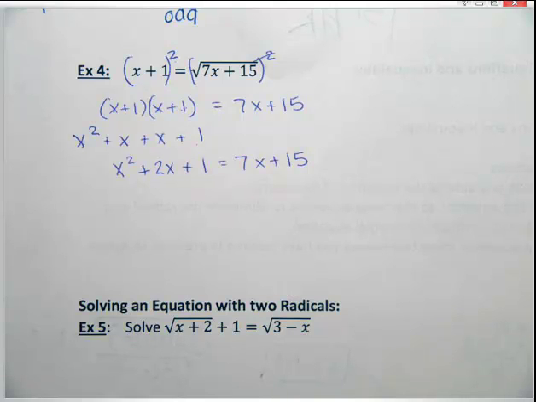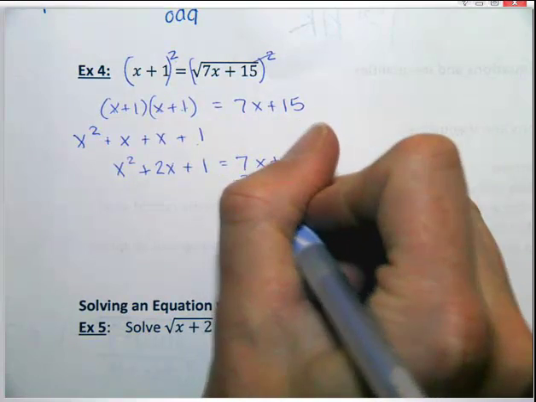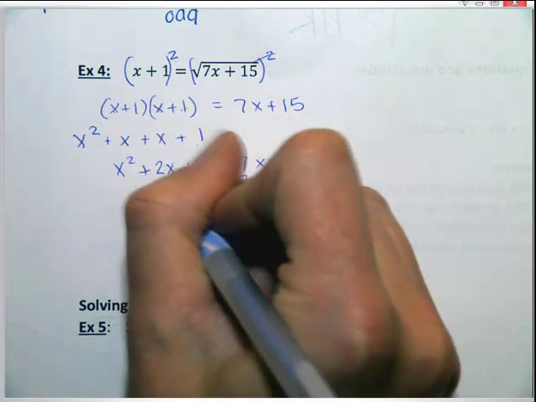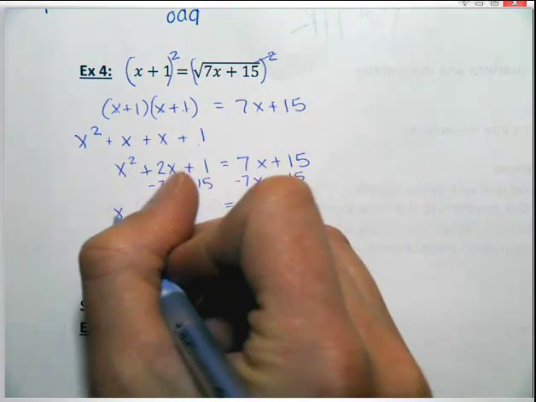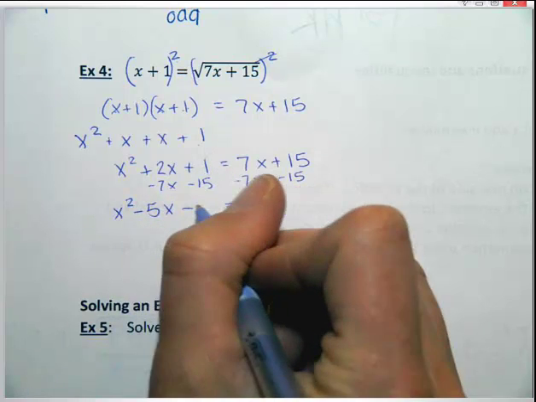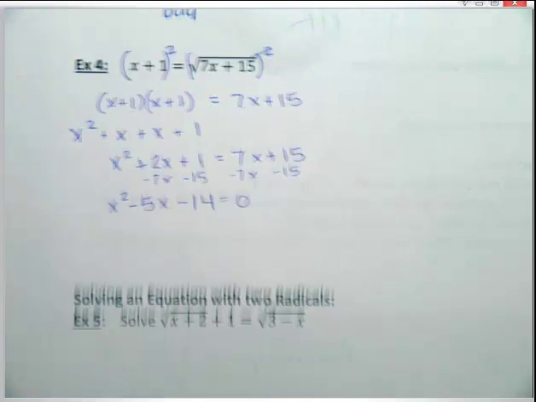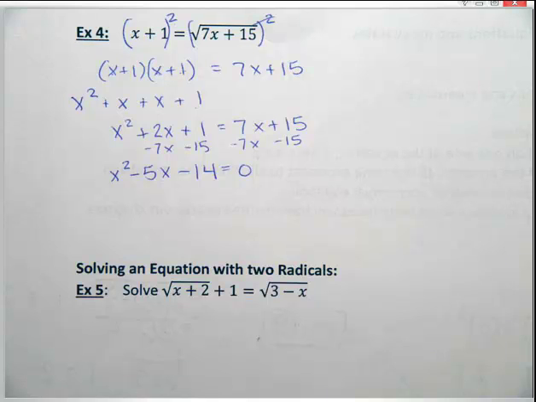One of those big ideas that we learned before. So I'm going to start by subtracting the 7x and the 15 so that I have this equation set equal to 0. So I have x squared minus 5x minus 14 equals 0.